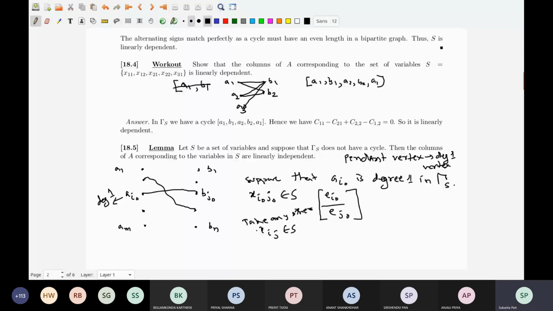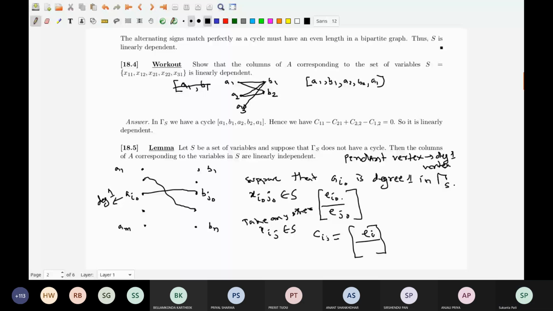It basically means i0 was used only once. For the rest of the xij, whatever column Cij you get, the e i on top will not be the same as e i0.